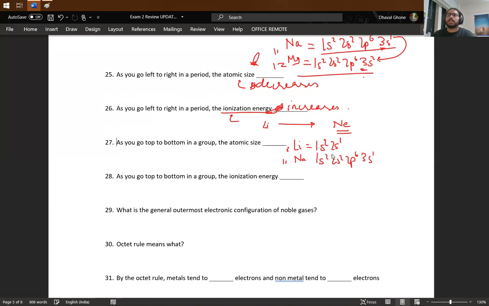As you can see, lithium has the maximum shell number 2 and sodium has maximum shell number 3. There's one extra shell in sodium. That means it goes up by a size. So as you go top to bottom in a group, atomic size increases.